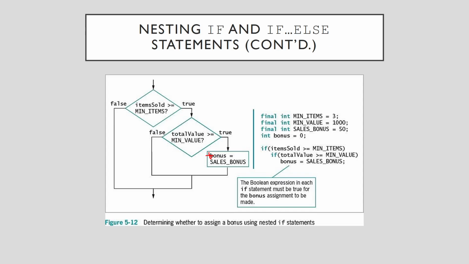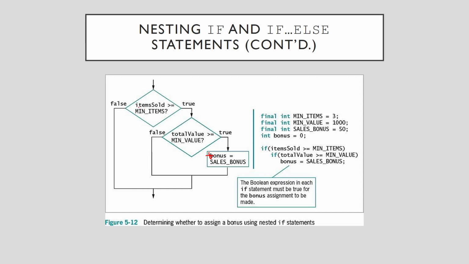Since there are two Boolean expressions to be evaluated before bonus is equal to sales bonus, you can combine this nested if statement using a logical and operator, converting it into a single if expression.